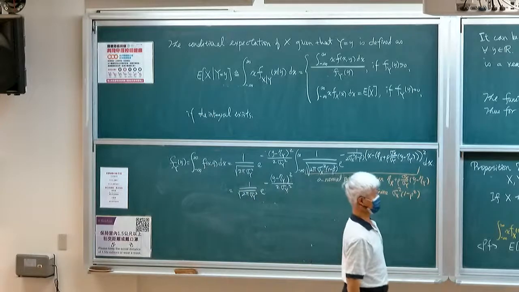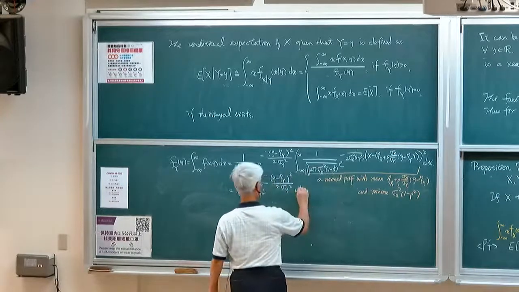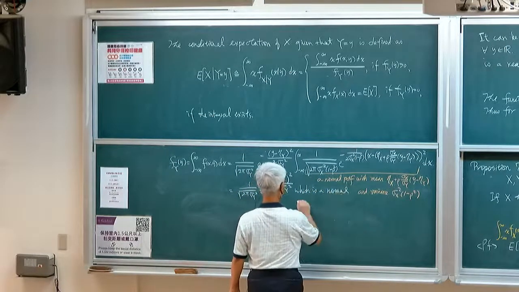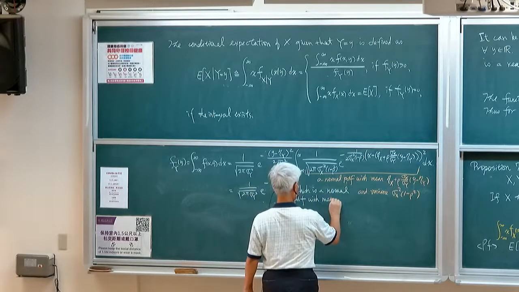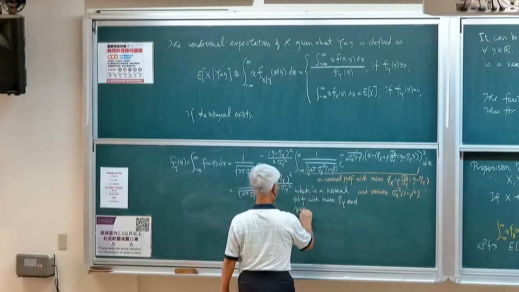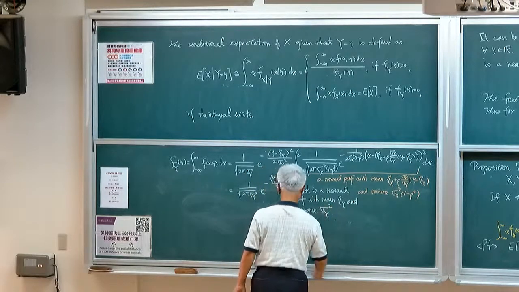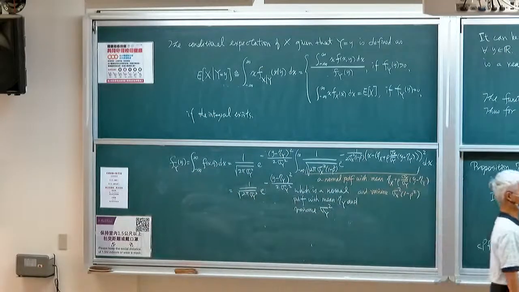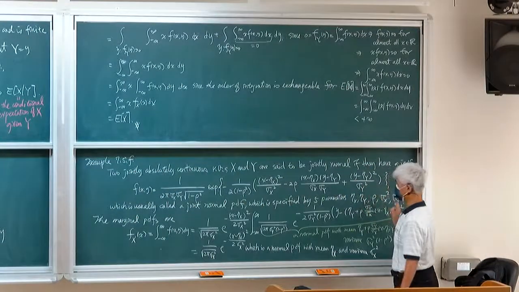Once again, this is a normal PDF with mean eta y and variance sigma y square. So now we know the meaning of 4 parameters out of 5.